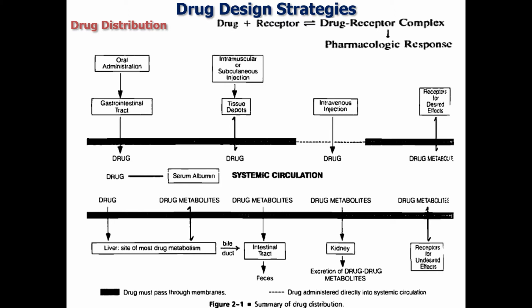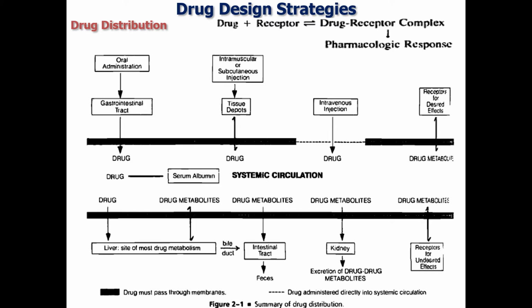This diagram is a summary of drug distribution. So following introduction of a drug into the body, whether orally or parenterally, the drug will reach the systemic circulation.